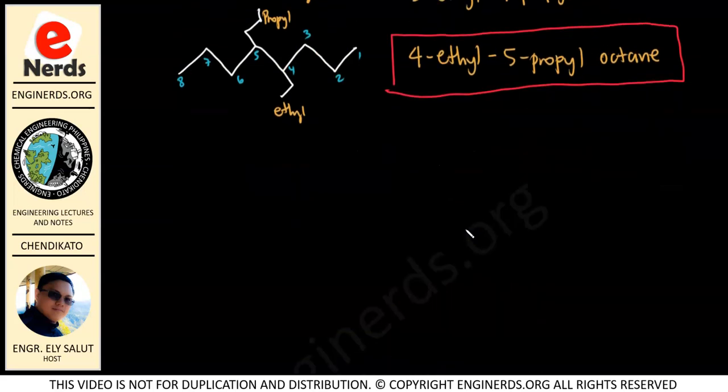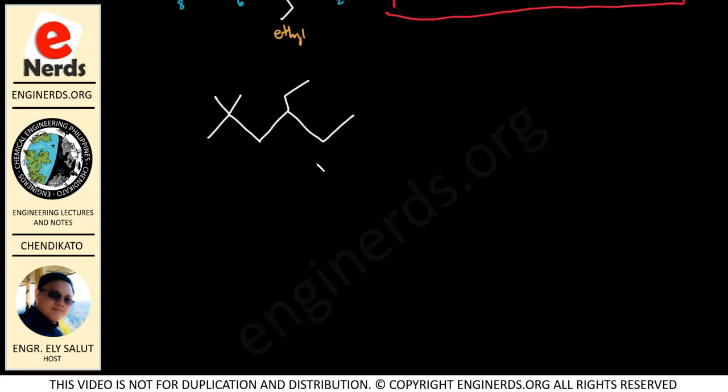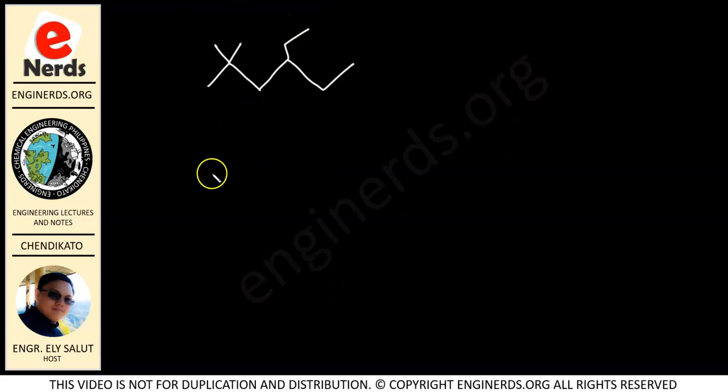Now, let us have another example. What if we have this? And then we have here, and in here we have that one. So, should we count from left to right or right to left? So, let me draw this again. Okay, so we have here, and then we have here.